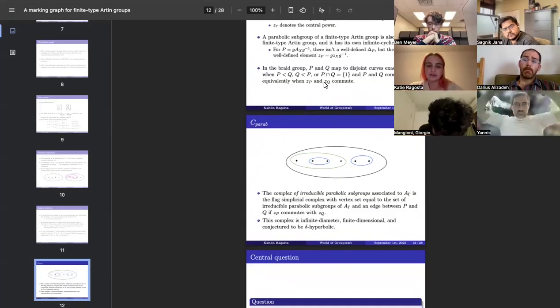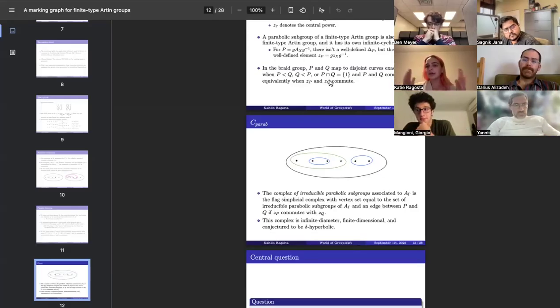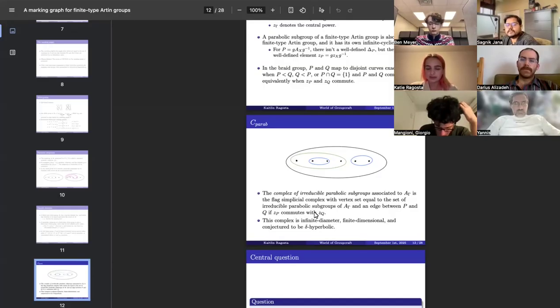We can think of those as Dehn twists, and we can say that the combinatorial analog of 2 curves being disjoint should be when the centers of the corresponding parabolic subgroups commute with each other. Using that generalization, Cumplido, Gebhardt, González-Meneses, and Wiest, in, I believe, 2019, defined something called the complex of irreducible parabolic subgroups.